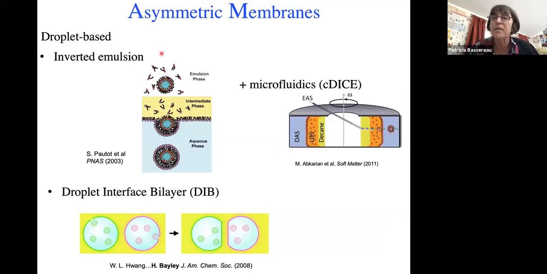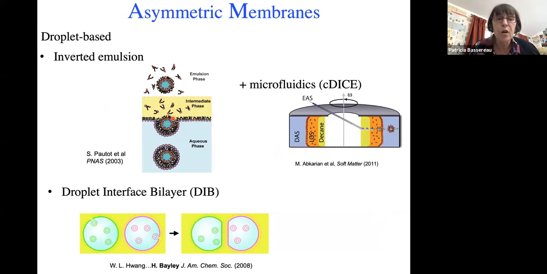But there are also some other techniques which are, let's say, based on droplets. So water in oil droplets with some lipids at the interface. So a very efficient one is based on inverted emulsion. So this is an emulsion where you have a droplet with one type of composition, and you force a droplet by centrifugation or sedimentation to cross a monolayer, which has an interface between water and oil, which has a different composition.